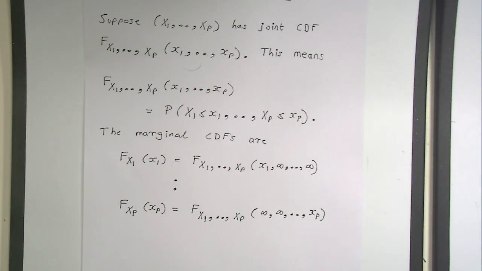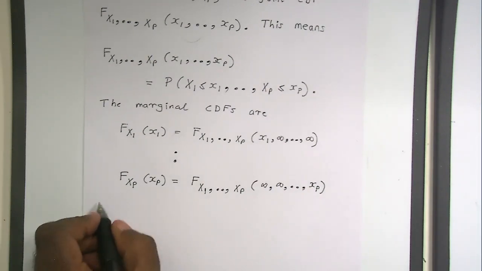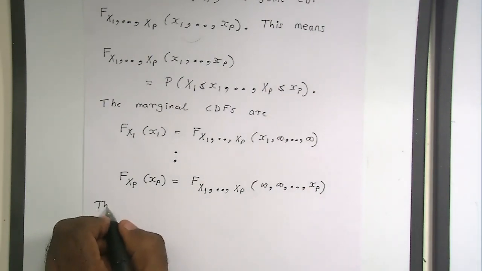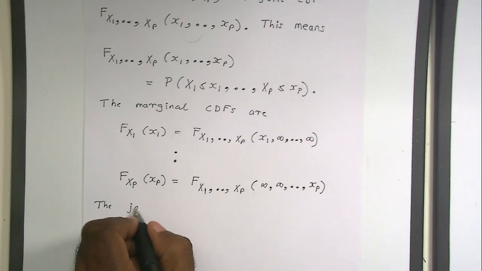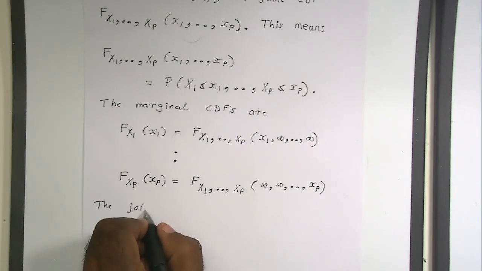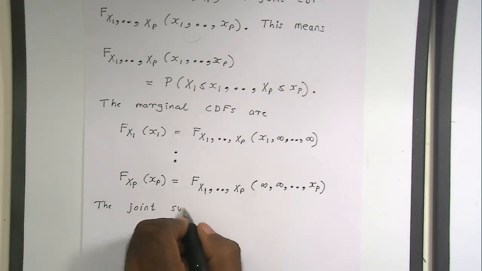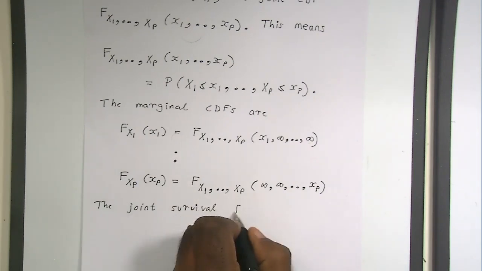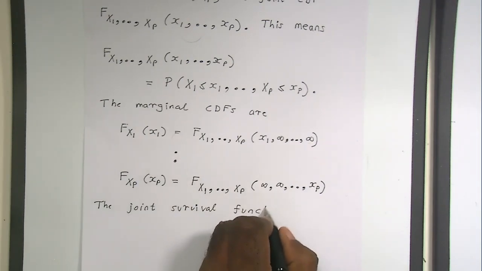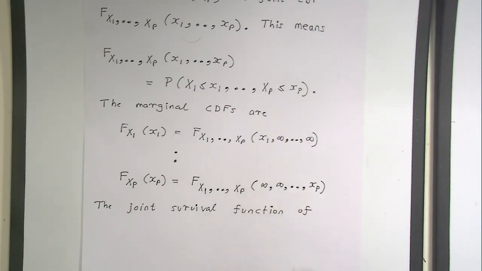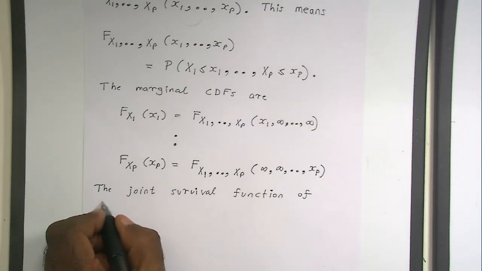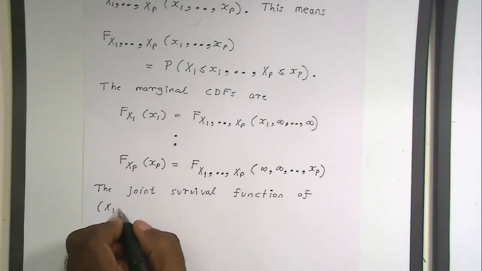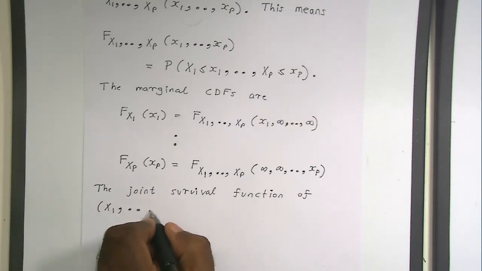Now, the joint survival function of x1 to xp is defined as follows.